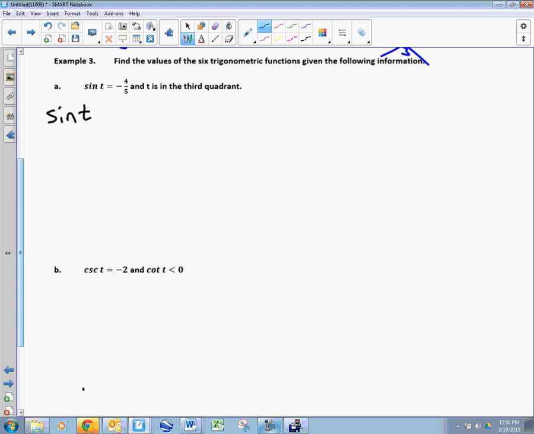If you don't know where to start, begin by listing the 6 trigonometric functions. Sine of t, cosine of t, tangent of t, cosecant of t, secant of t, and cotangent of t.